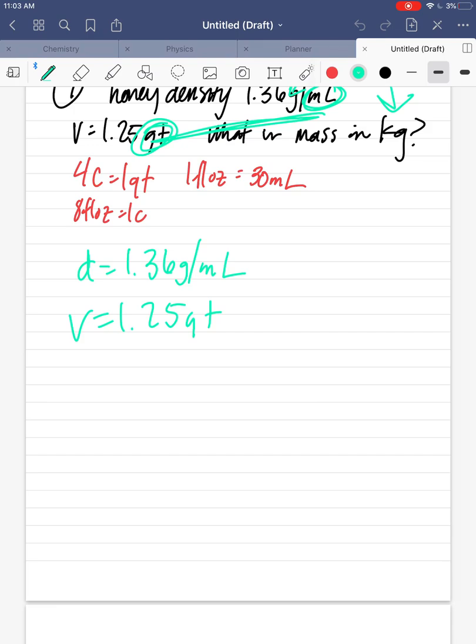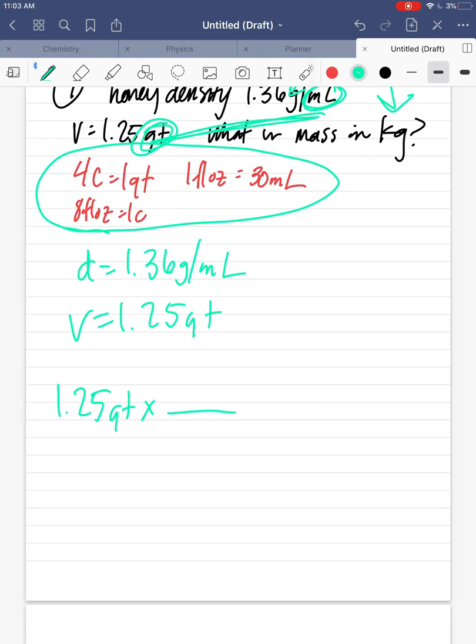Okay. So 1.25 quarts. These are ones that are kind of common knowledge. So I know that 1 quart is 4 cups. Now I cancel units. Next step down, we're going down, small units.